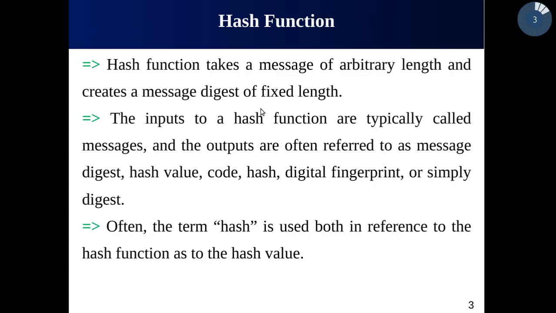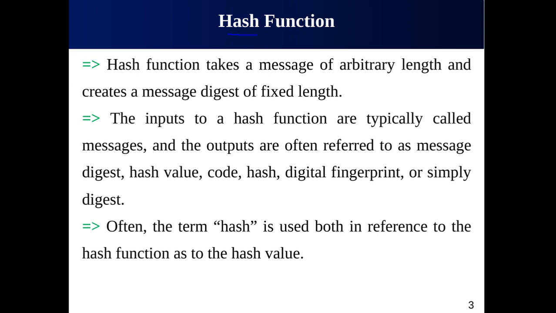First, let us see what is a hash function. Actually, a hash function, or sometimes we call it a digest, is a process which will transform arbitrary data into fixed length data. So the input is arbitrary and the output is going to be a fixed number of characters.